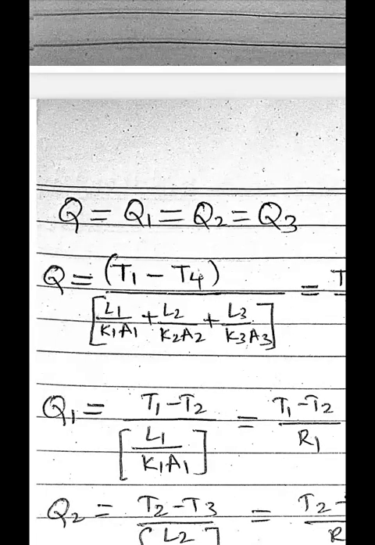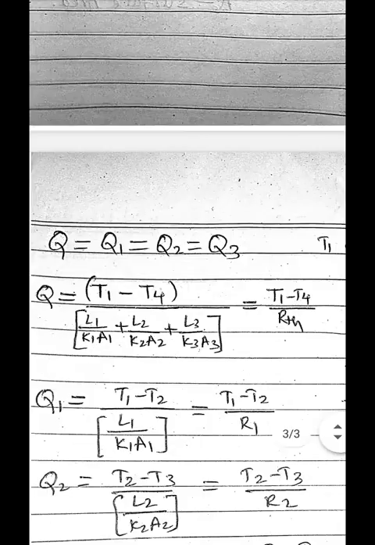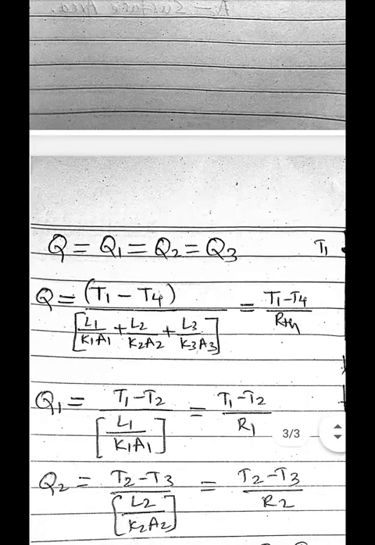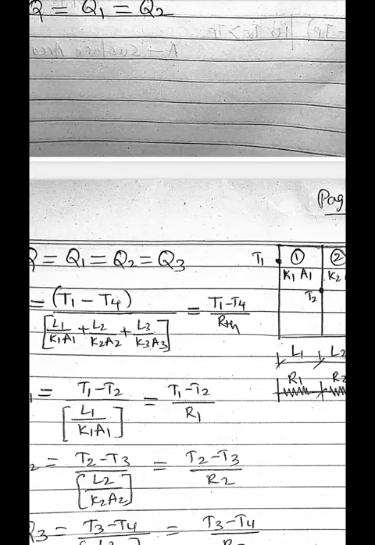Or I can write this as T1 minus T4 is equal to RTH. So RTH is the thermal resistance offered by the entire three blocks, the composite wall.